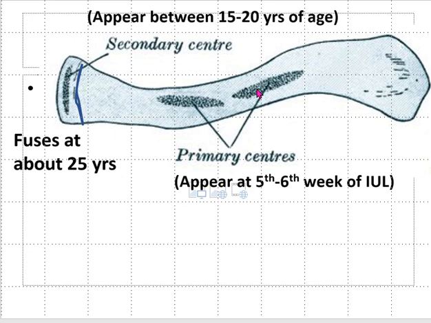It is the first bone which ossifies and the last bone which ends its ossification process. It has one secondary ossification center for the medial end, which appears at 15 to 20 years of age. This fuses with the shaft within 25 years of age.